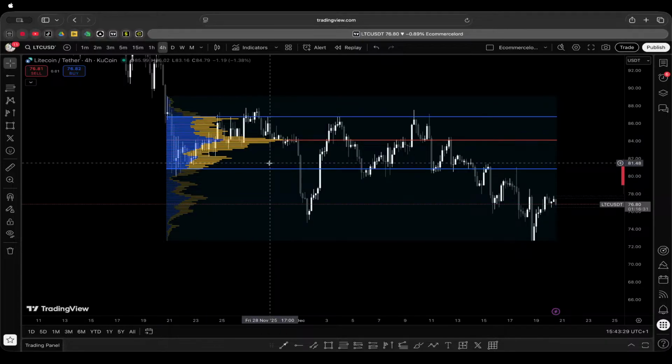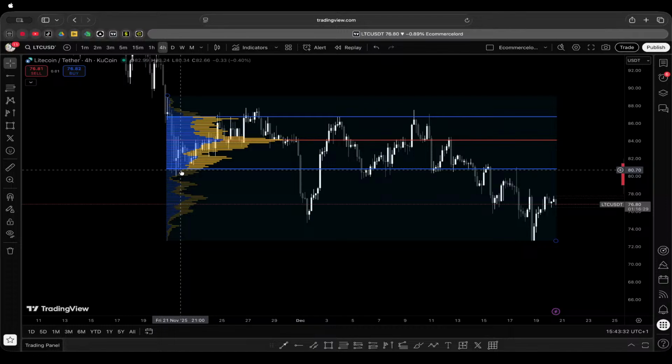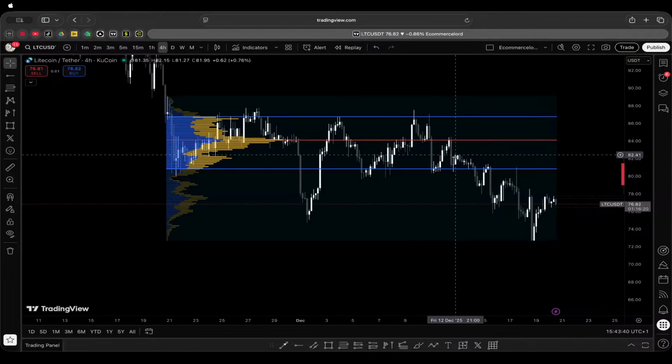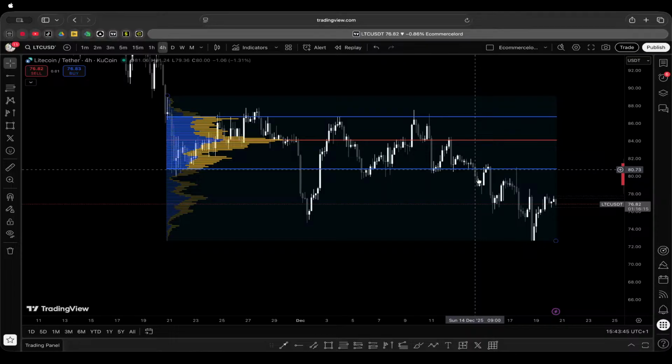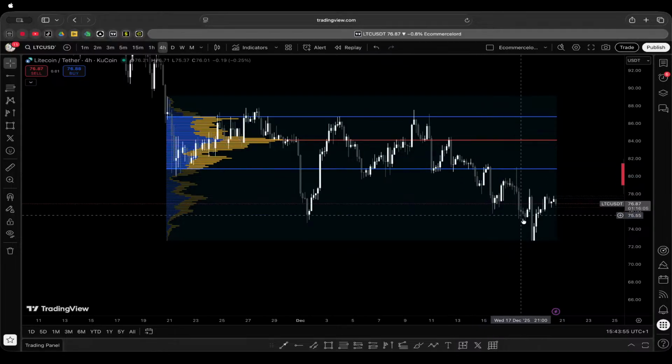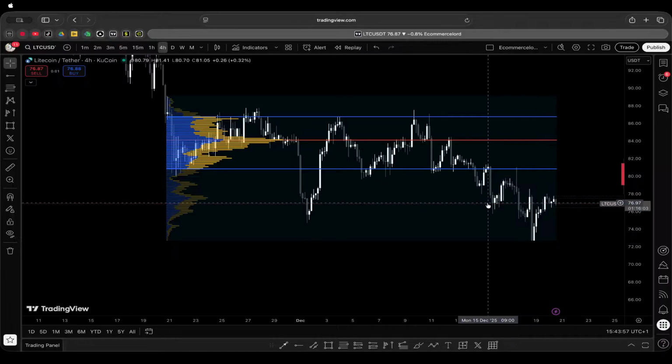If you are trying to buy the support, you bought here, take profit, take profit, take probably BE, SL. And then just as normal support and resistance levels work, boom, resistance, just like that. So yeah, that is that.